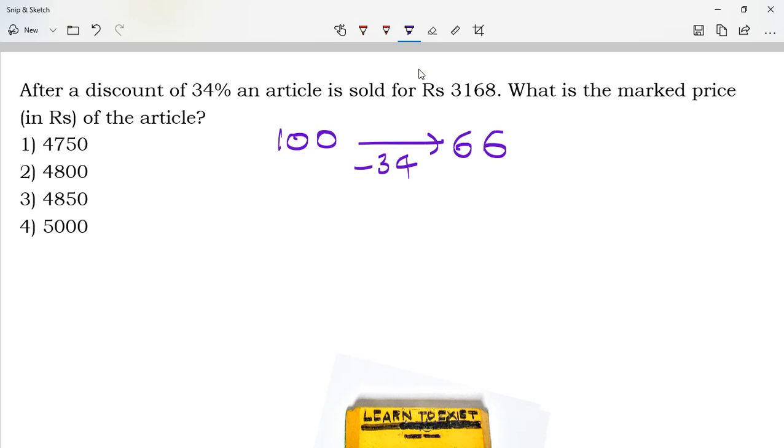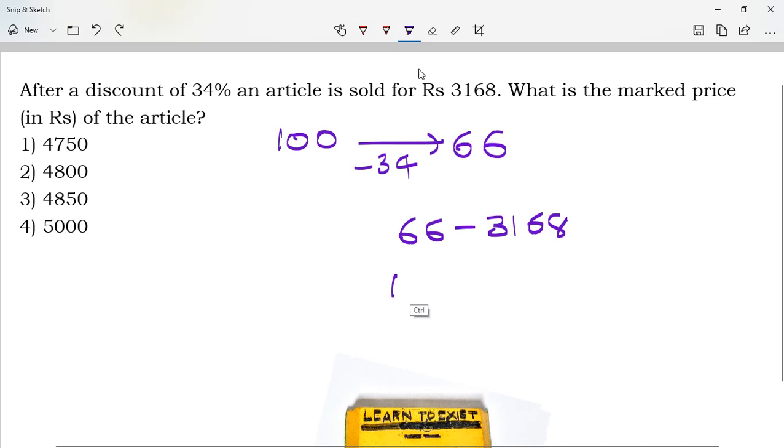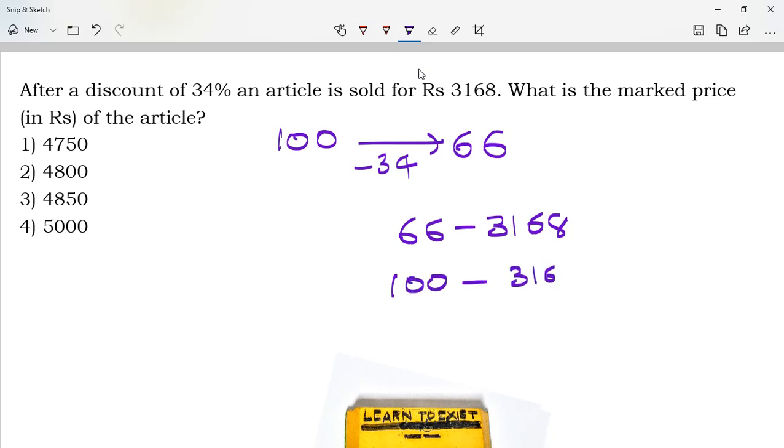So it is not 66, it is 3168. So we can say 66 units of what we have taken will be 3168, and we need to find out the mark price, which will be 100 units. So the actual calculation that needs to be done will be 3168 divided by 66 into 100.